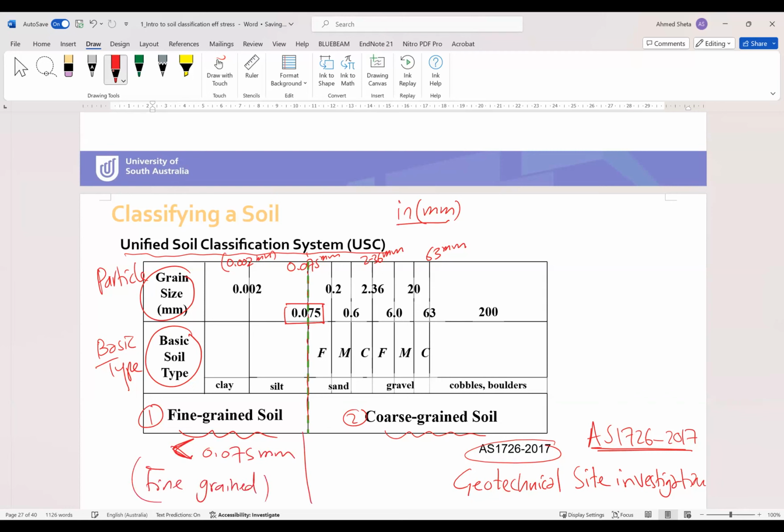And if the size is larger than 0.075 millimeter, it is coarse grained. We will find the size of the particles using sieve analysis or some tests in the lab. But anyway, if we have the size of the particles and we need to classify the soil, we have this borderline. If it is less than 0.075, it's fine. If it is more than 0.075, it is coarse.